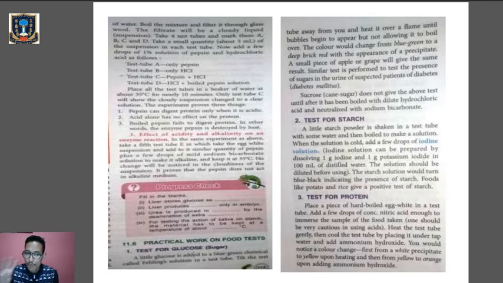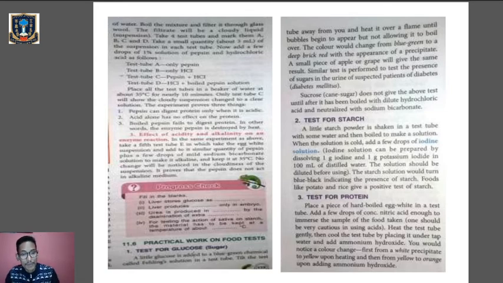So in the 4 test tubes, we are putting the suspension, the filtrate part, and we are putting the enzyme and the acid, as described.